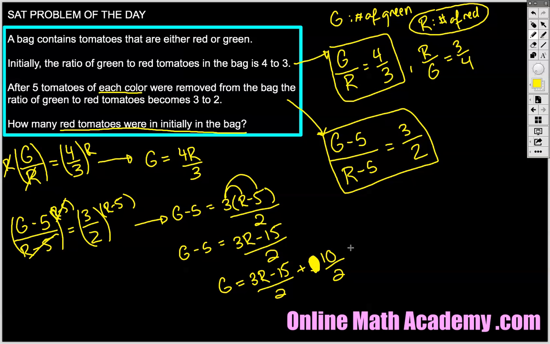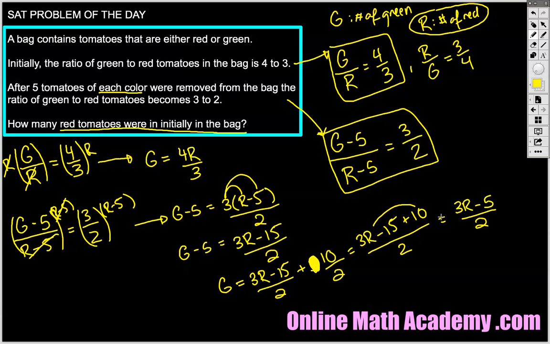So we're going to write 10 over 2 because then we will get that g equals 3r minus 15 plus 10 over 2, or 3r minus 5 over 2, right? We added these two together and we got minus 5.